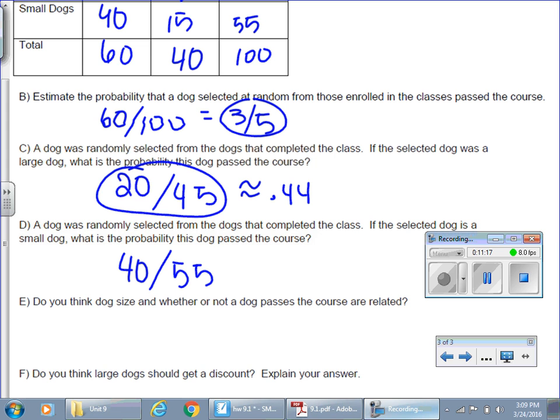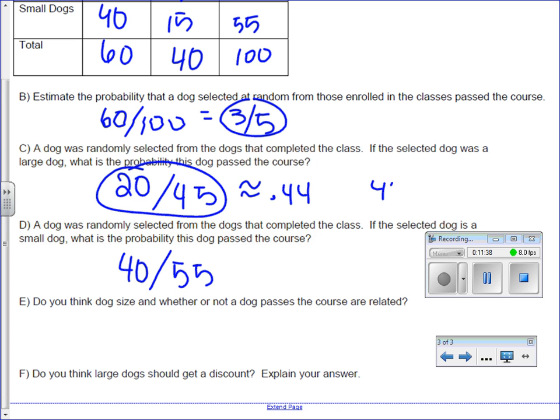Okay, let's look at part E of this question. Part E says, do you think dog size and whether or not a dog passes the course are related? Okay, so if we look back to C, the probability that large dogs pass the class was 20 out of 45, which is like 0.44, so about 44% of large dogs pass the class.